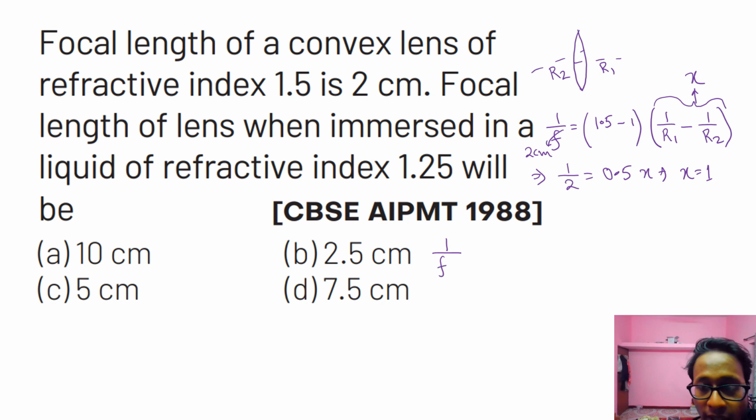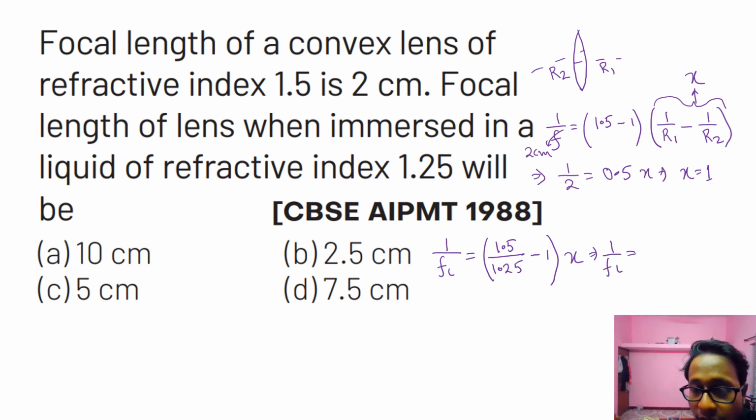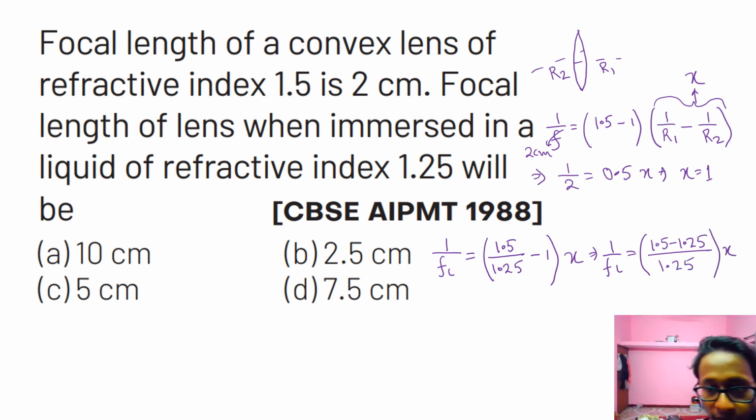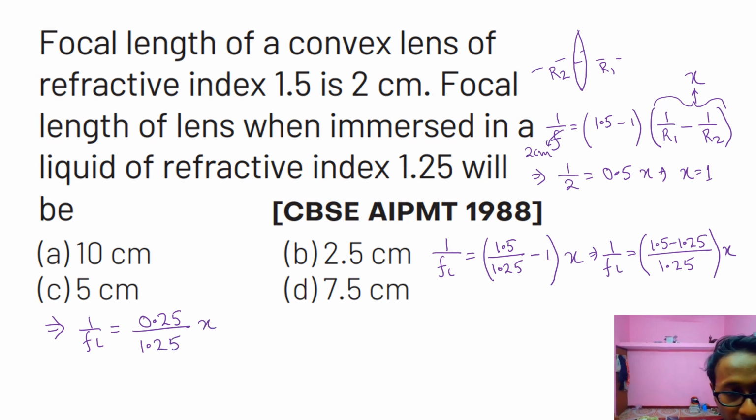So my new formula: 1 by focal length in liquid is equal to (refractive index of lens 1.5 divided by refractive index of medium 1.25, minus 1) into (1 by R1 minus 1 by R2), which is x. So 1 by FL is equal to (1.5 minus 1.25) divided by 1.25 into x, which is 0.25 divided by 1.25 into x, or 1 by FL is equal to x by 5.